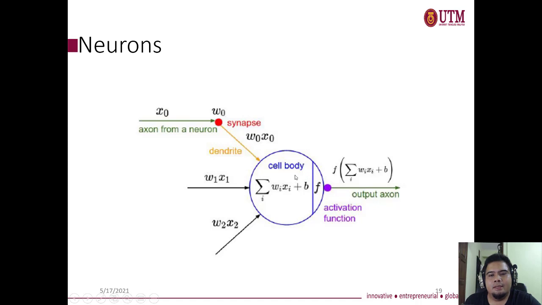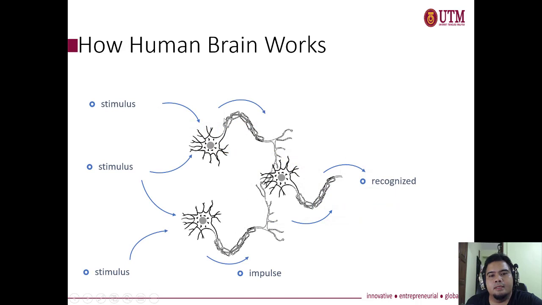Again, like I said, another behavior of your neuron is that it can be activated. It means that once the stimulus is strong enough, it will fire the signal to the next neuron.